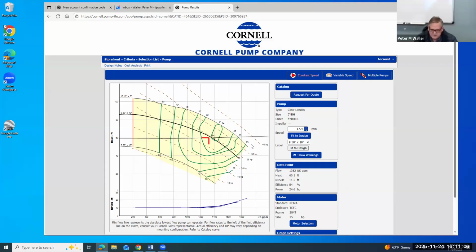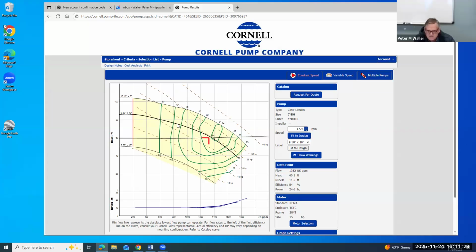And another thing we can see is that we're just ideally suited for this 9.5-inch impeller. So these black lines, these are the impeller sizes. These are the standard impeller sizes, okay?